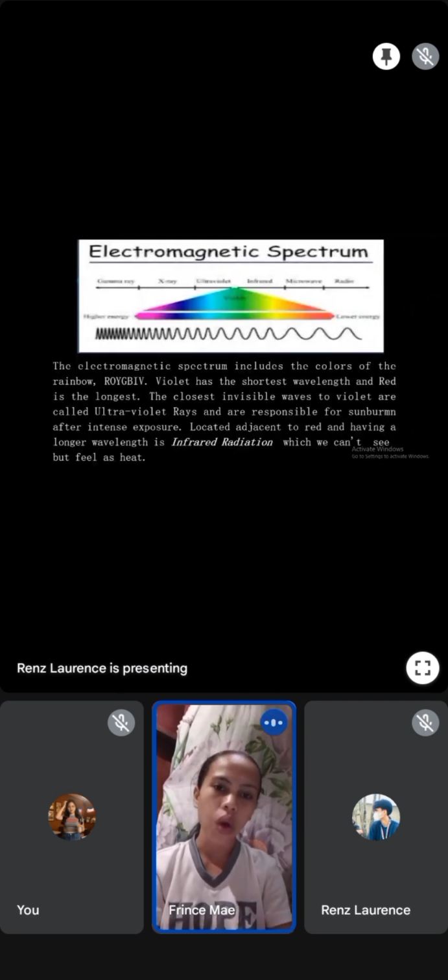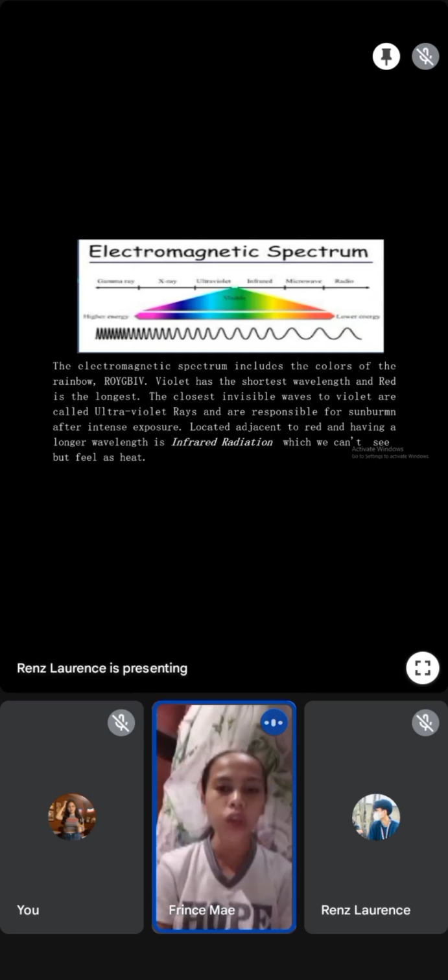The electromagnetic spectrum includes the colors of the rainbow: red, orange, yellow, green, blue, indigo, and violet. Violet has the shortest wavelength and red has the longest wavelength.